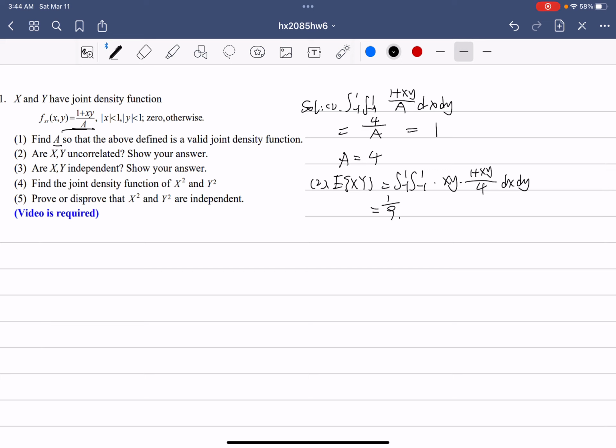Then we need to calculate the mean of x, similar to the mean of xy. We need to integrate from -1 to 1 of x times the joint density function, dx dy.